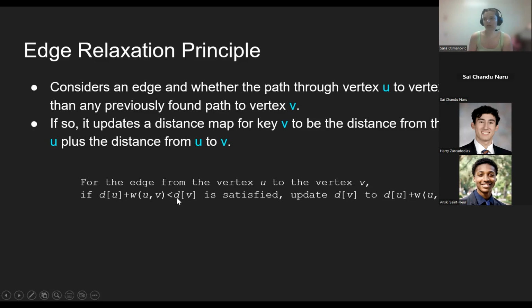So if your d of v is the current shortest path to v, it will check this condition. If the path to u plus the weight from u to v is shorter than the current distance to v, then it will update the current distance to v to be the shorter value of the two. If not, it's just going to keep the old one.